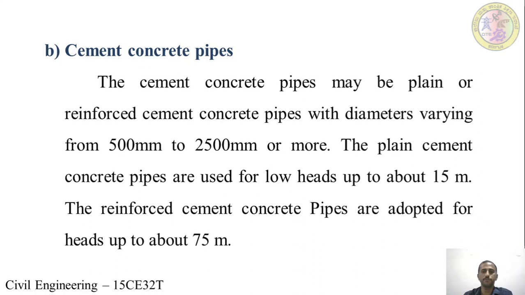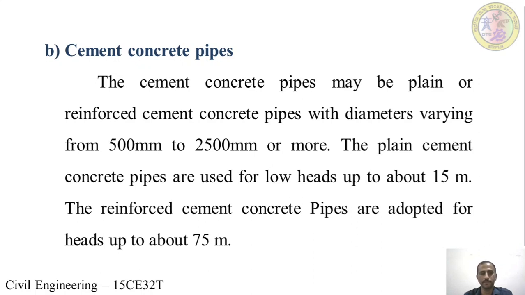These reinforced cement concrete pipes use steel for circumferential steel, that is rings or hoops, and for longitudinal steel. The center to center distance, that is the pitch between these rings or hoops, is 200 mm for the pipes of diameter 80 to 150 mm.